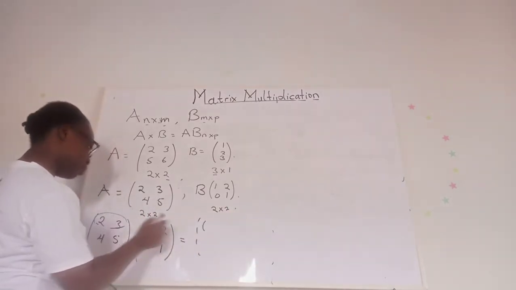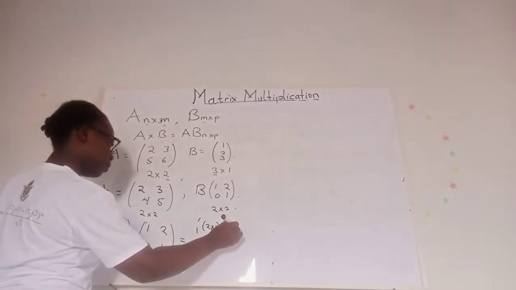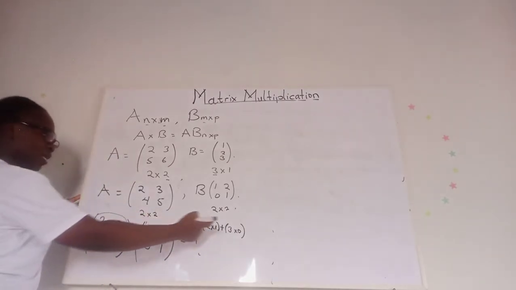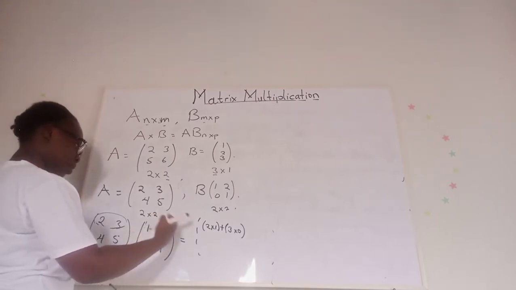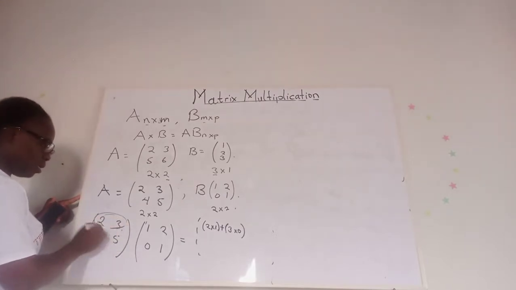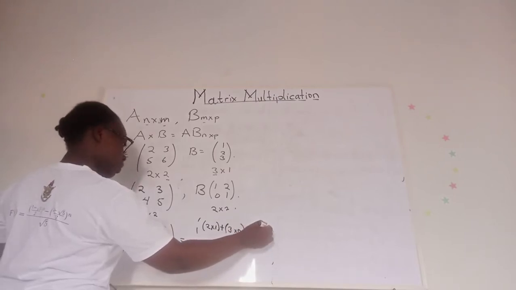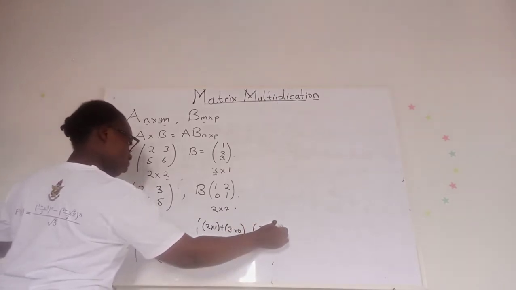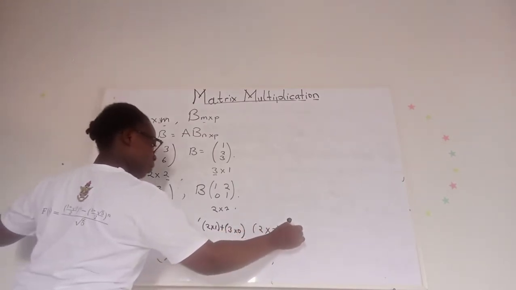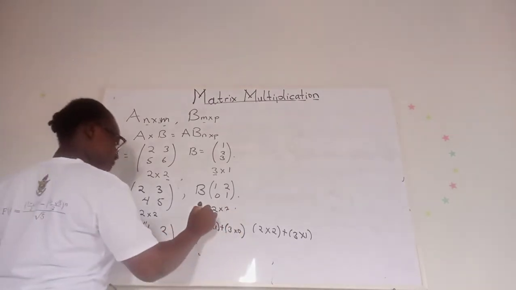What do I have? 2 times 1 plus 3 times 0. Okay, so for our second location, that is 1, 2, I take the row and multiply by the column here. So I have 2 times 2 plus 3 times 1.